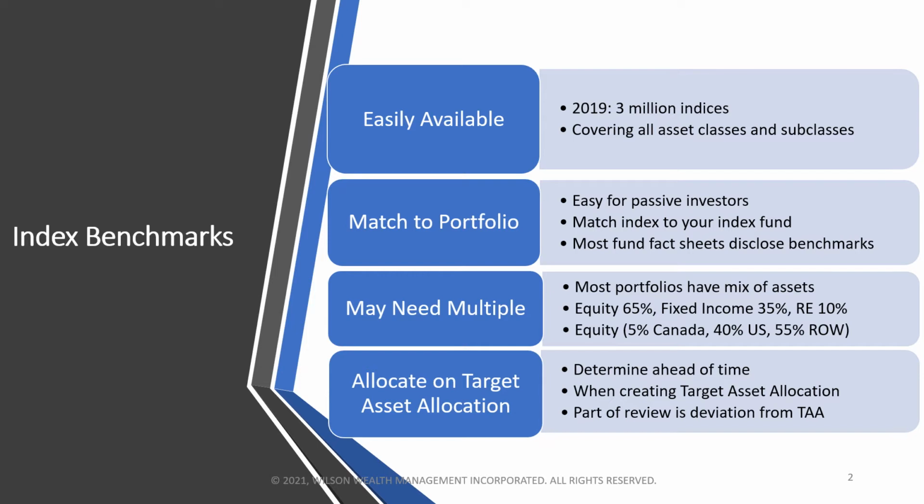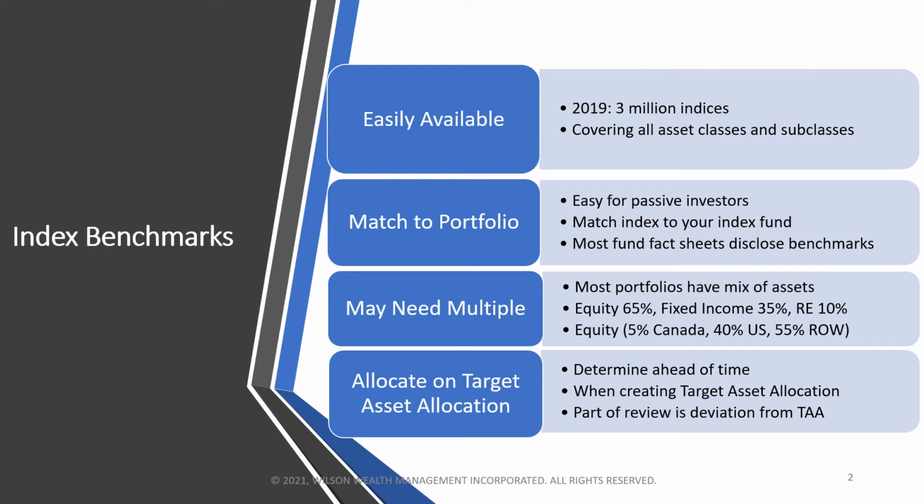The other thing that can help out, especially if you're in mutual funds that are maybe actively managed, is usually the prospectus or the fund fact sheets will disclose what benchmarks are being used.